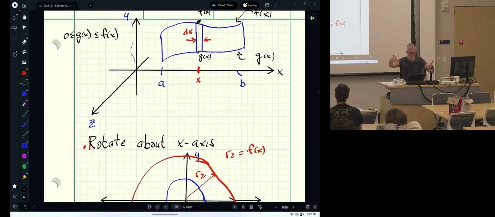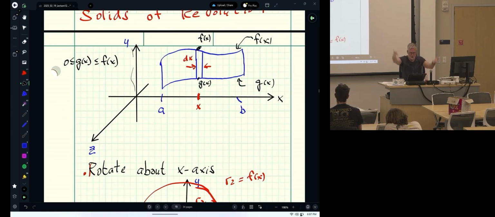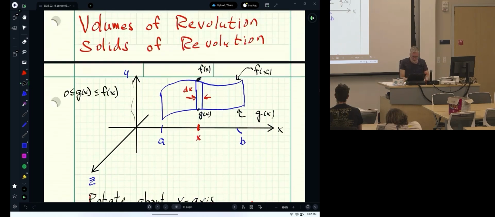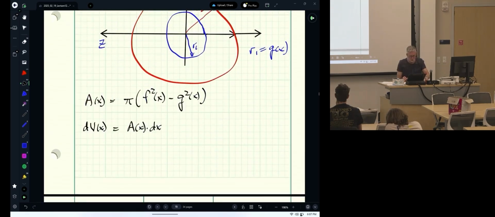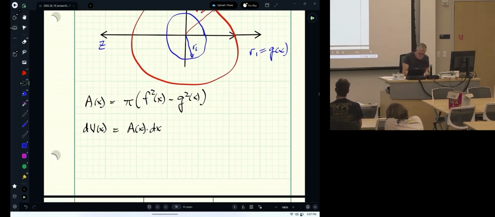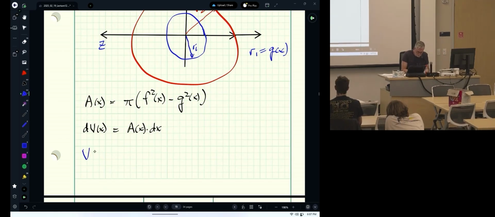So I've got this object bounded by f and g, and now I rotate it around the x-axis, and I want to know the volume. I've just given you the differential volume swept out by that rectangle. So the entire volume about the x-axis is the integral of dV of x from a to b.